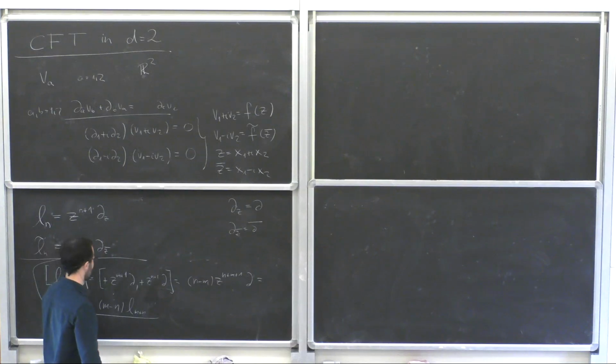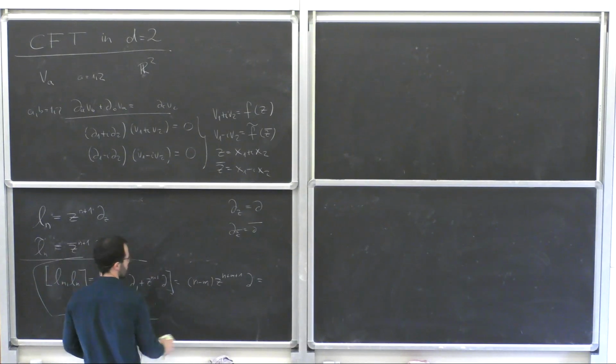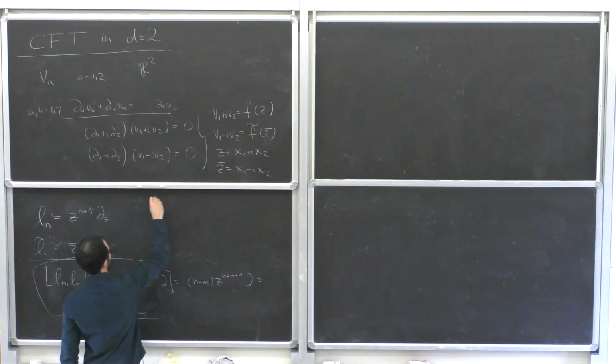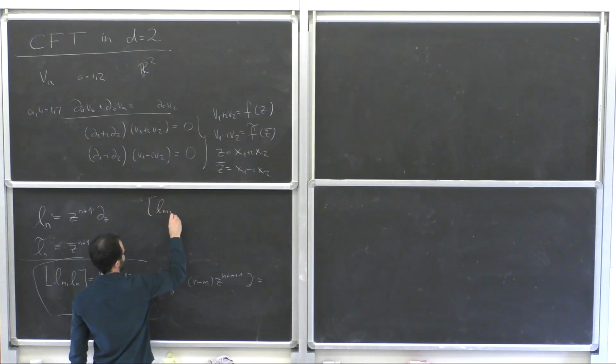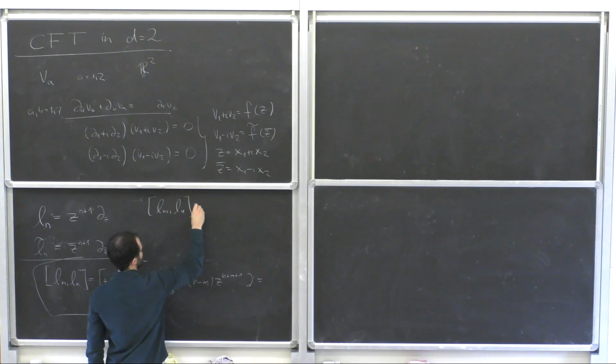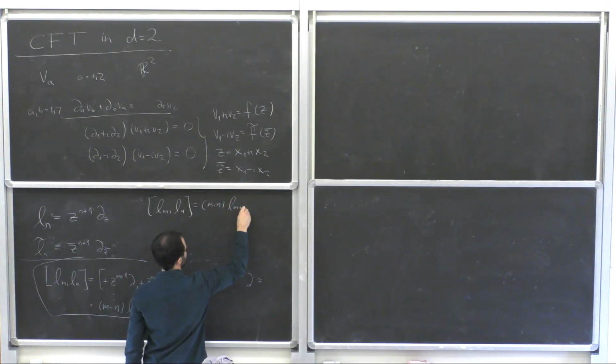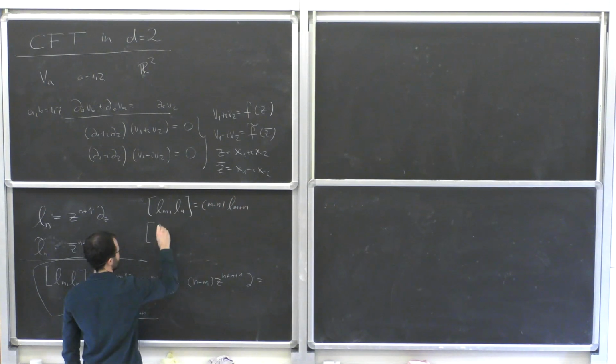So the final result for the commutation relations is that the commutator of l_m, l_n is (m minus n) l_(m+n). The same thing is true for the l_m tildes.